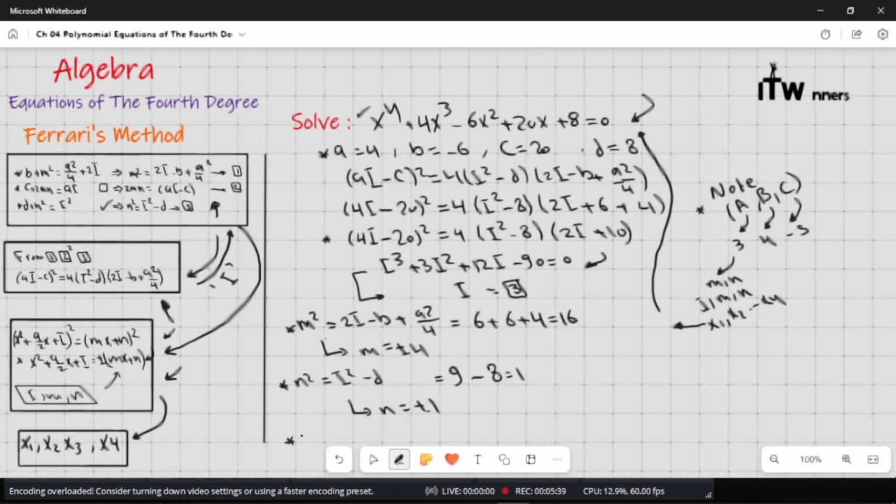So we have m into n equal to (ai minus c) over 2, so we have 1/2 into (4 into i minus c), with c equal to 20.